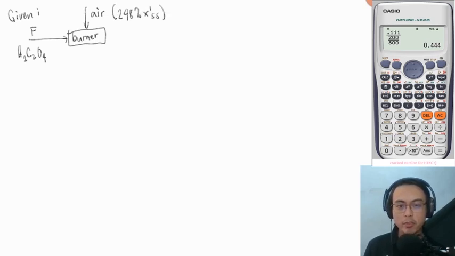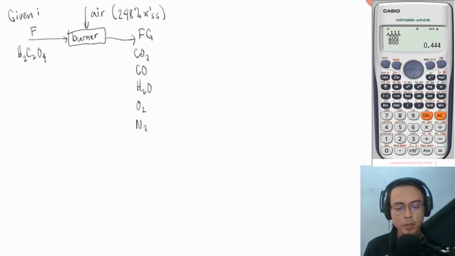So 65% of the carbon becomes CO2. So that tells me that our flue gas contains both CO2 and CO. It should also contain water because we have hydrogen in the feed, and it should also contain the excess oxygen and nitrogen. So we have oxygen and nitrogen in the air. So let's label the unknowns.